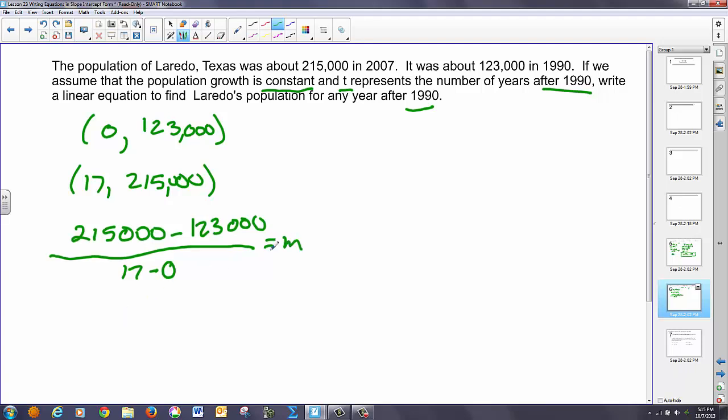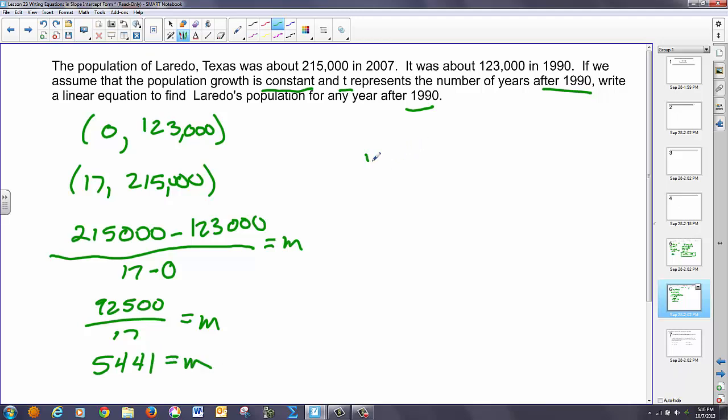So 215,000 minus 123,000 is equal to 92,000, all over 17, and that's going to equal m. And 92,000 divided by 17 is going to equal, since we're talking about people, we'll go 5,441, and that's our m value.